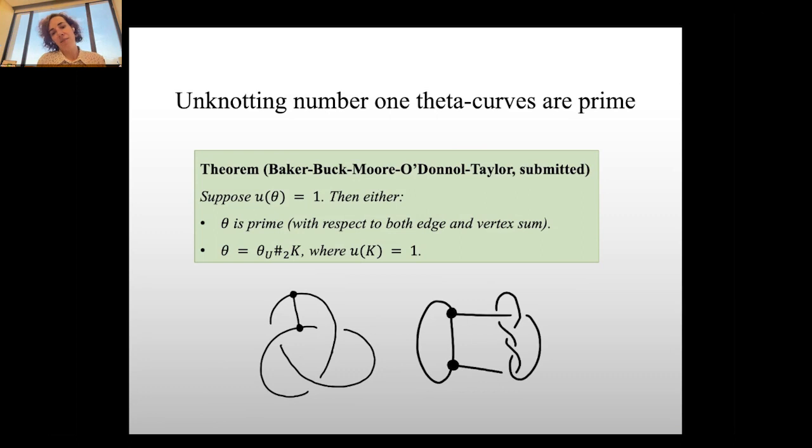And that is the picture that I have on the lower right. Just some unknotting number 1 knot that's been connected, order 2 connected sum to any edge. So that is the generalizing statement.